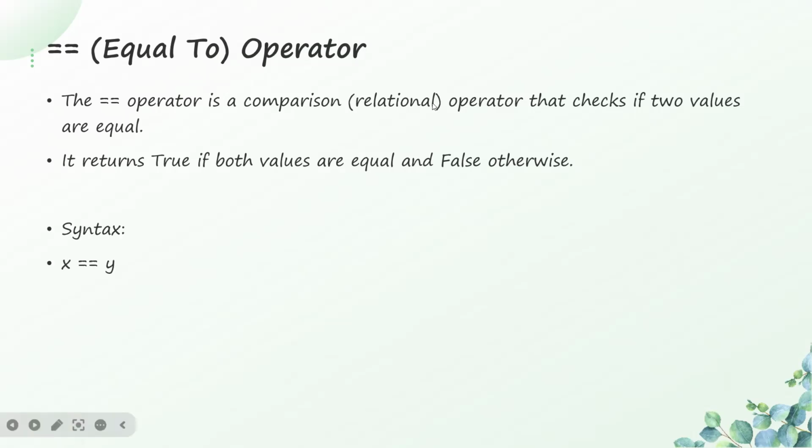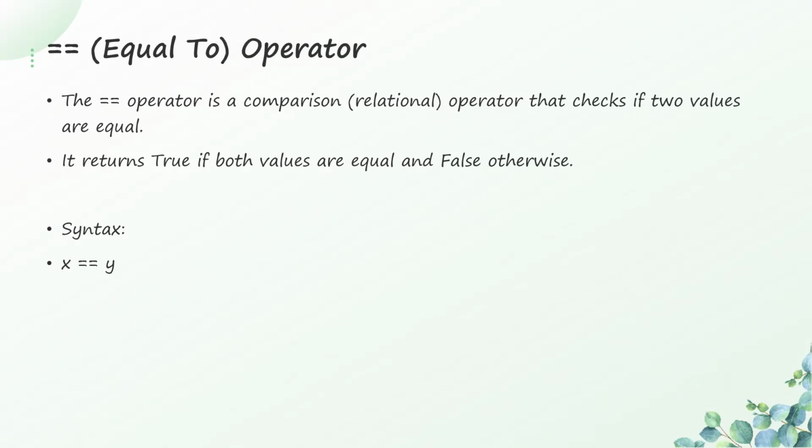So look at the syntax. We use this double equal sign. In mathematics, the equal to sign is what we call the assignment operator in programming. A single equal sign, which we know as the equal to sign in mathematics, is what we use as the assignment operator.